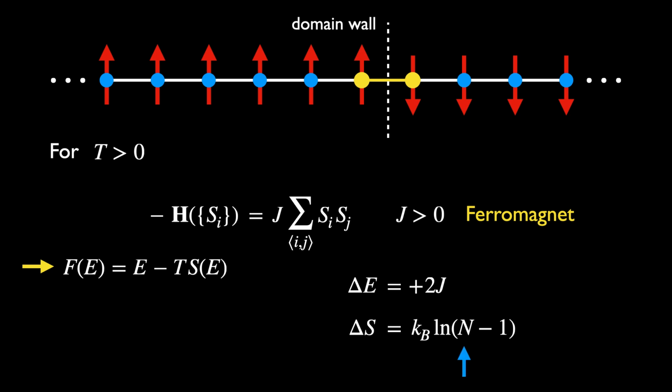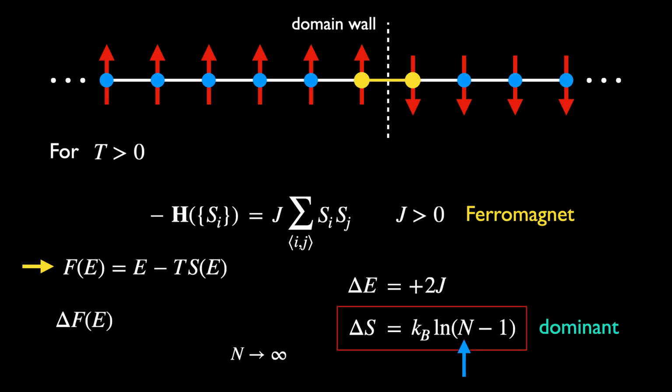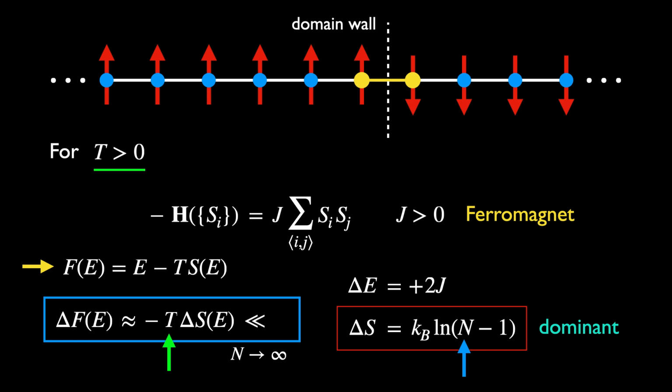Notice that if we take the thermodynamic limit, the change in entropy will be dominant in the free energy for any temperature that is not 0. And this means delta F will be very much less than 0. Which is to say that even the smallest perturbation on the ordered state has a very much lower free energy than the original state.